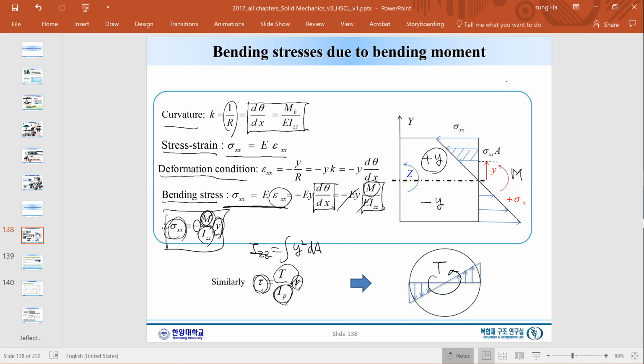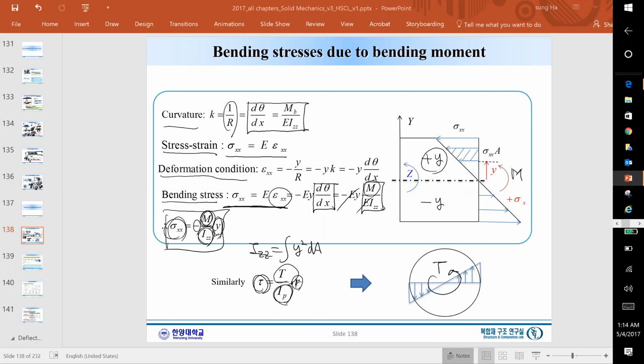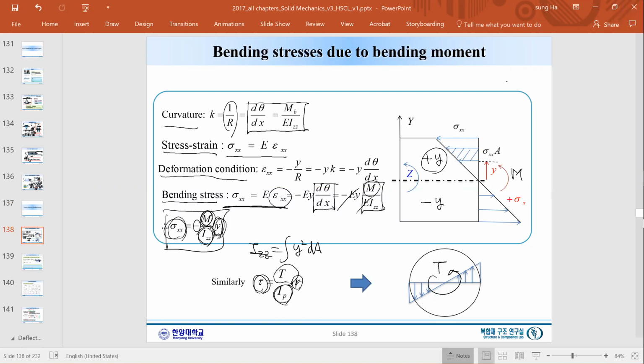The moment is like a force, and I is the cross-sectional property, in this case the moment of inertia, and it is proportional to y, and there is simply a minus because the upper side is in compression and the lower side is in tension. So this is very similar to the torsion case.